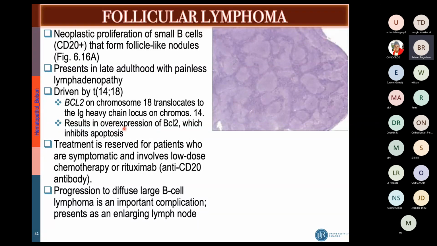So treatment is reserved for patients who are symptomatic. Personally, I know these cases are very few in our settings, and as written here, not all of them will be treated. They treat those who have symptoms.